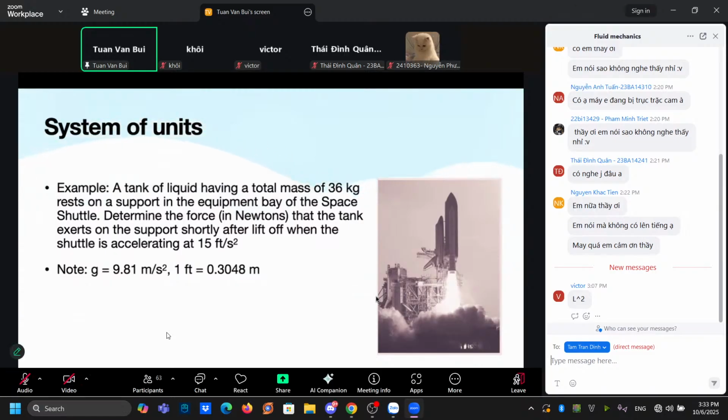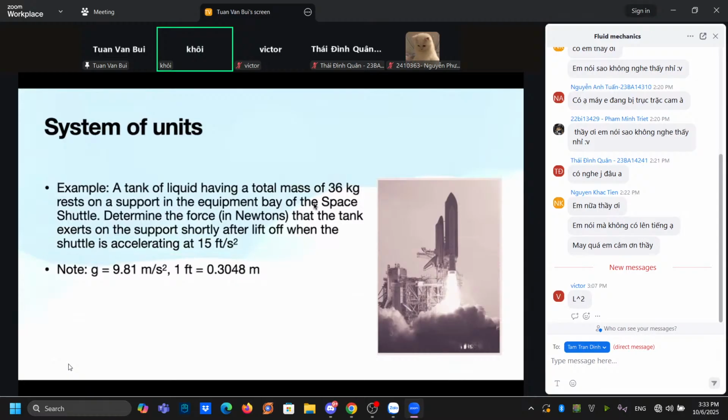To finish this exercise, yes, yes, Khôi. Can you use the annotate? Can you try to use the annotate so everyone can see?